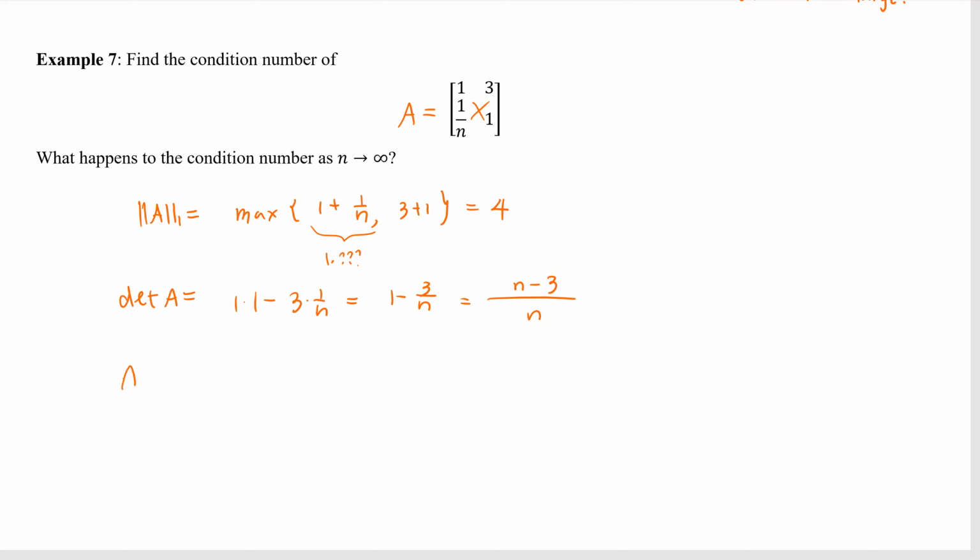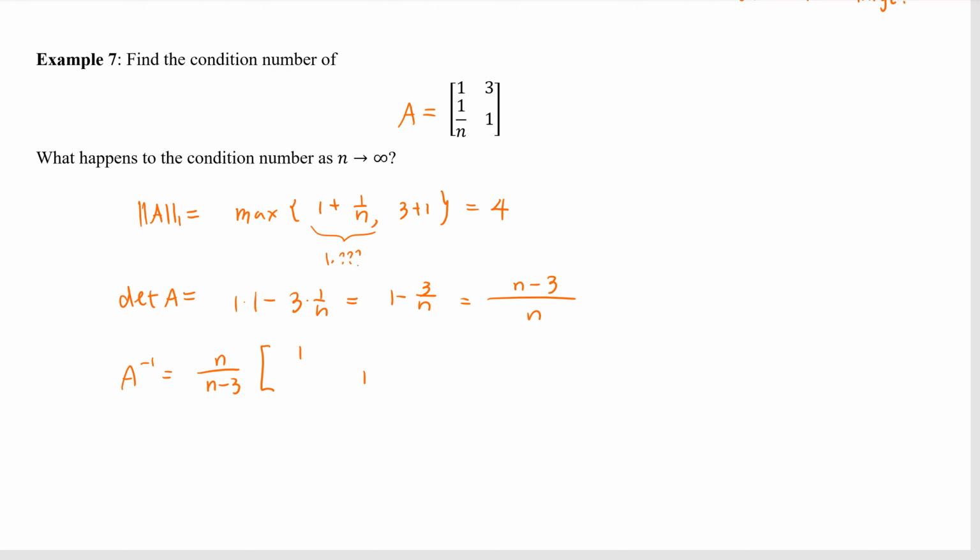Okay, then the inverse of A is 1 over the determinant. 1 over that number is the same as the reciprocal of it: n over n minus 3, right? And then A and D interchange, switch, but they are both 1, so they're the same thing.